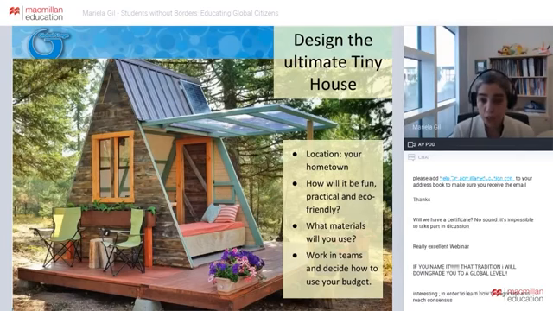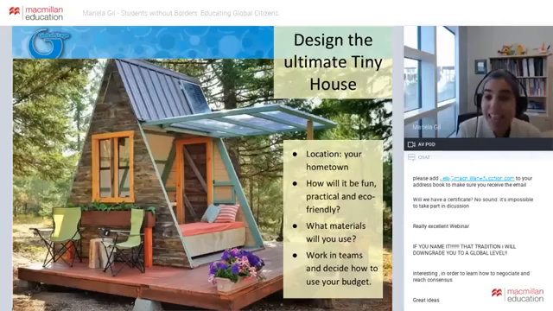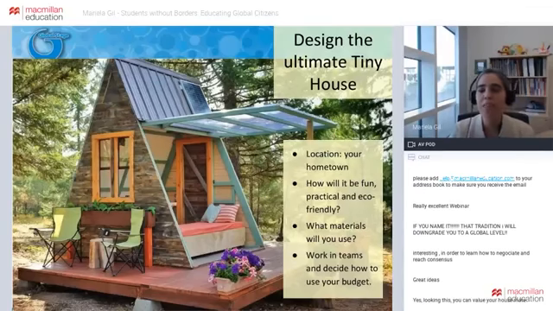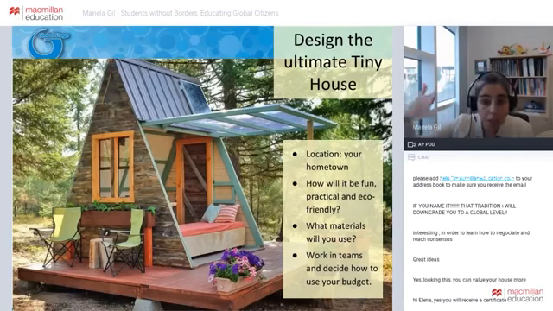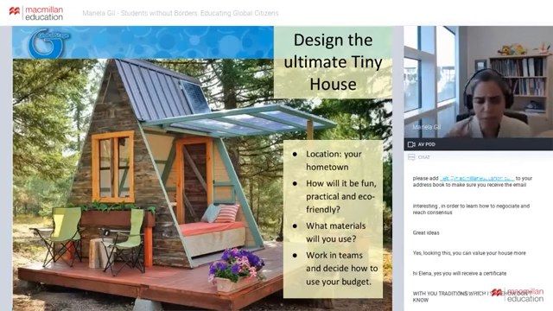You could have your students work in teams, and then give them a task that is difficult and requires them to negotiate with each other. How do you decide your budget? How will you use this very limited budget to do all of these things I've asked you to do? Make it fun, make it practical, make it eco-friendly.